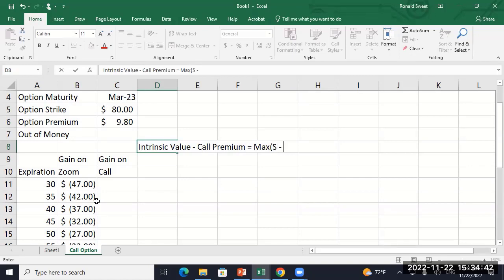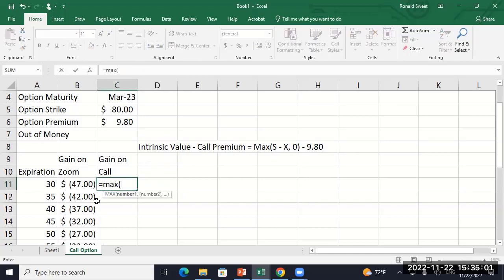S minus X. For a put, it'd be X minus S. I should use K because it doesn't sound as much like S as X does. So that's our intrinsic value, and then minus the call premium, which is $9.80. So we can put that right into Excel: equals max of the stock price minus the strike, with 0. What's that going to give me?